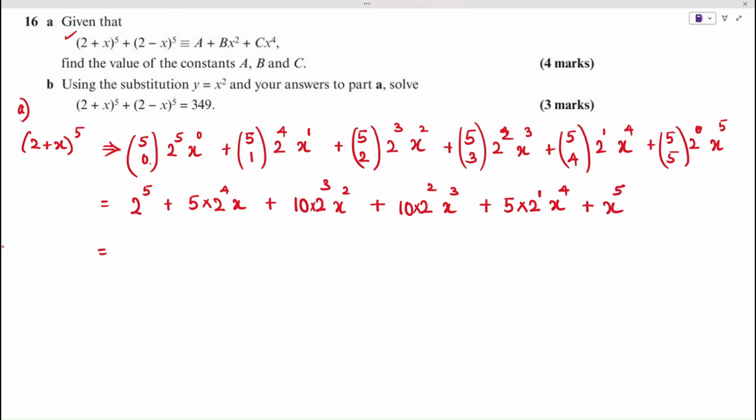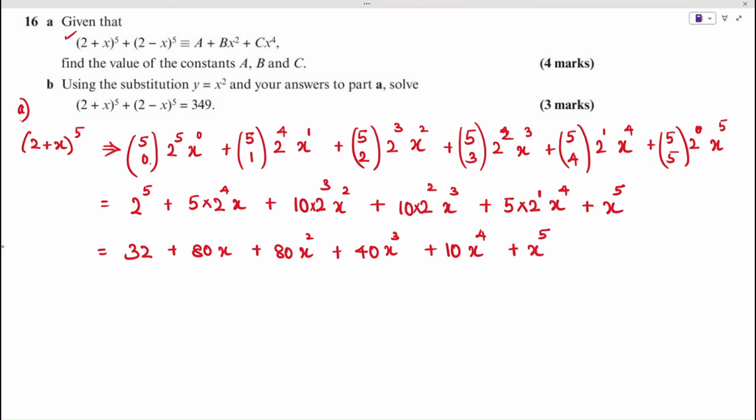And so if we multiply everything together, we get 32 plus 80x plus 80x squared plus 40x cubed plus 10x to the power of 4 plus x to the power of 5.